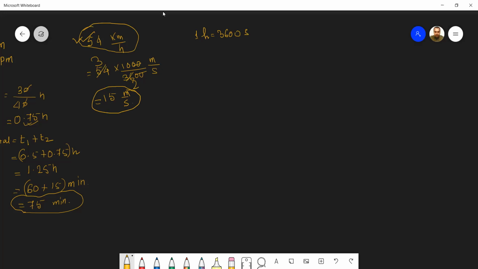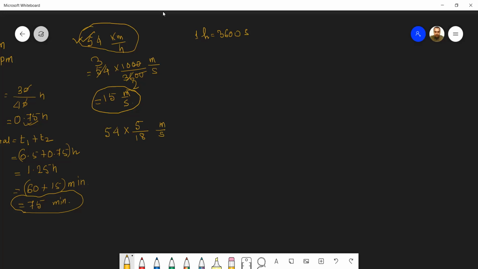Whenever you are given such questions that convert some given kilometer per hour into meter per second, suppose here it is 54, then do this thing. Multiply that number by 5 divided by 18, and that would simply give us meter per second.